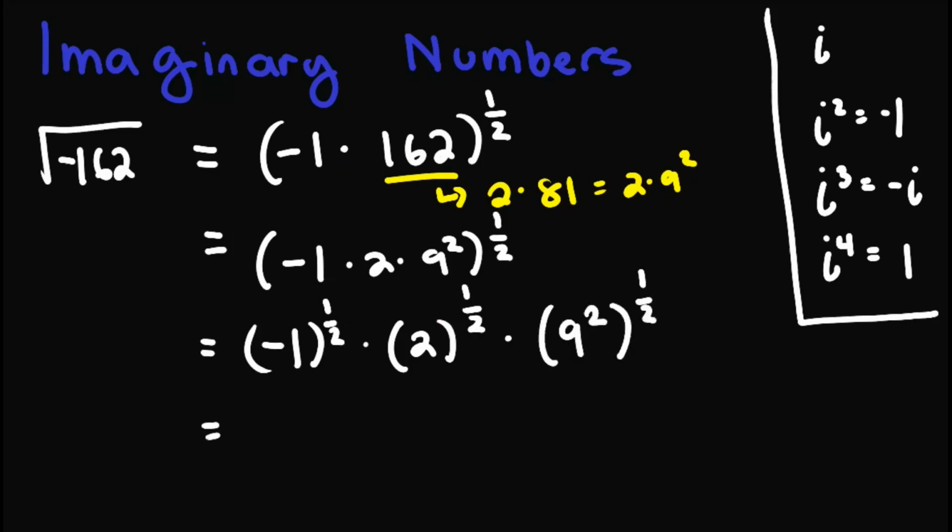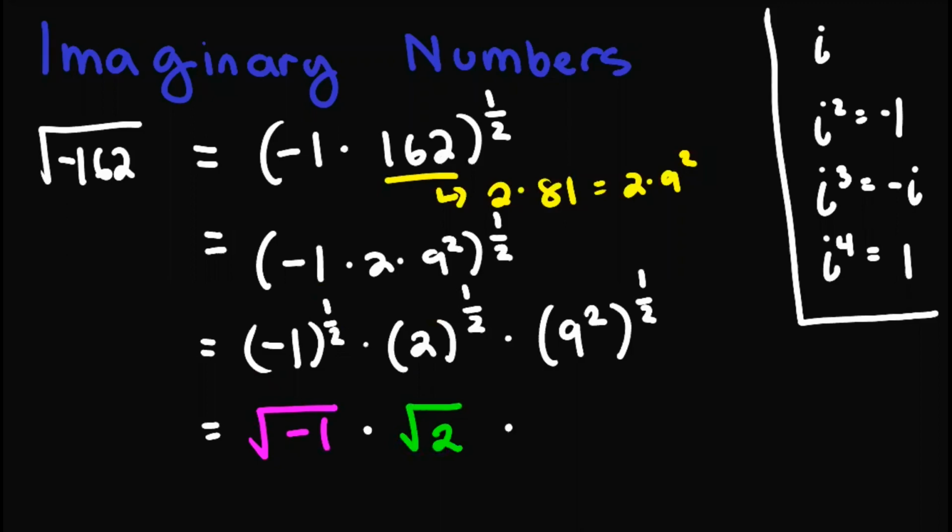So turning back to the radical sign, we'll have here square root of negative 1 times, since we can simplify this one, square root of 2.